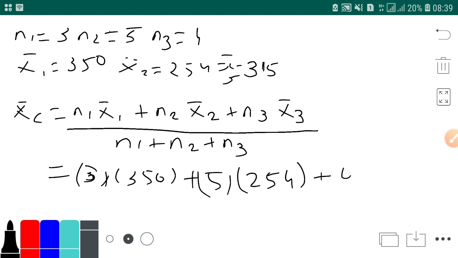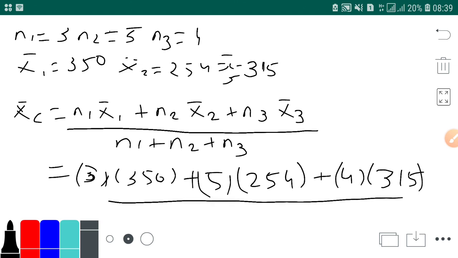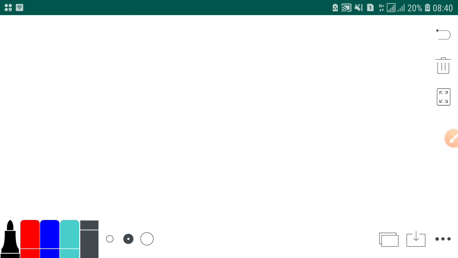Then n3 is 4 into x bar 3, upon n1 plus n2 plus n3. Now if you solve this, it is 1050, as we multiply 350 into 3.